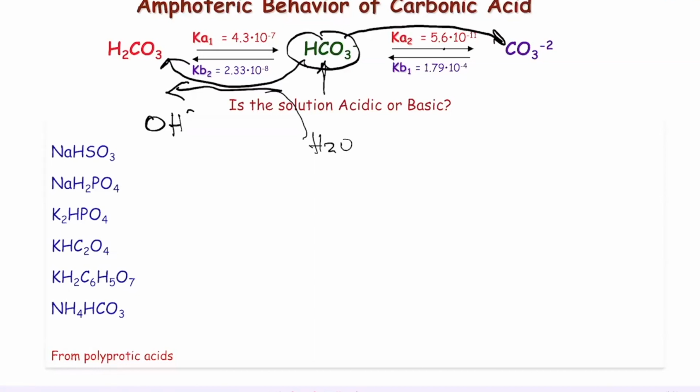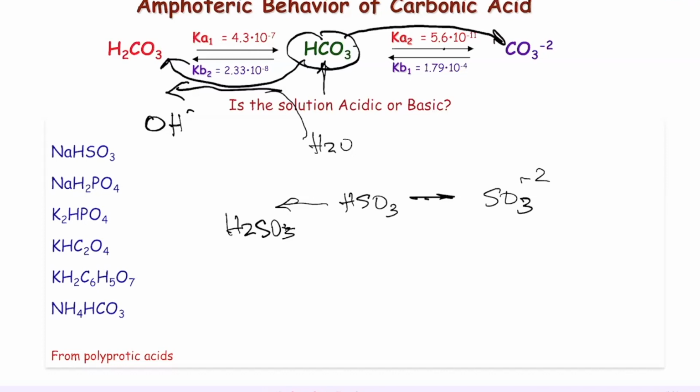This is bisulfite, HSO3. HSO3 can form SO3 minus 2 or H2SO3. Don't be fooled into thinking H2SO3 is sulfuric acid. Sulfuric acid is H2SO4. That's a strong acid. But sulfurous acid is a weak acid.